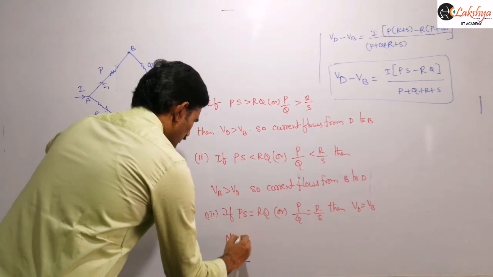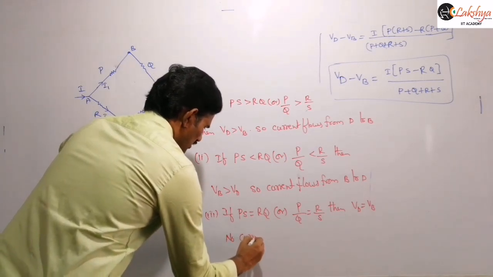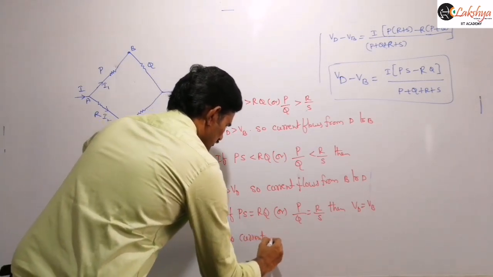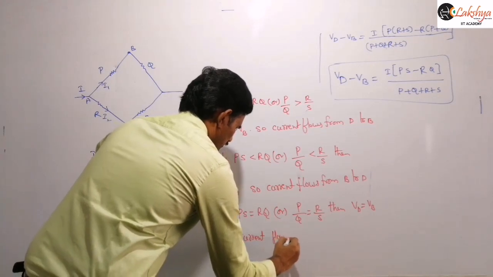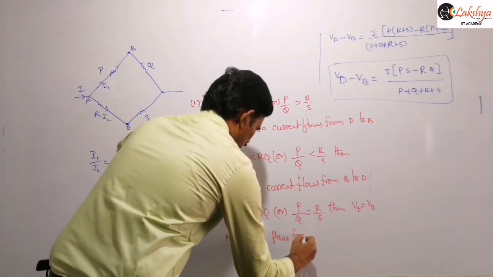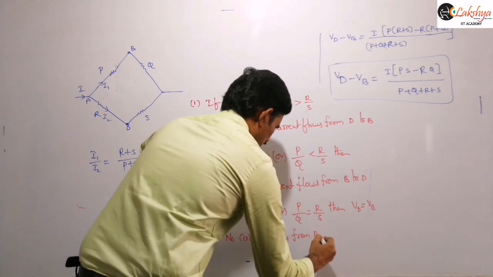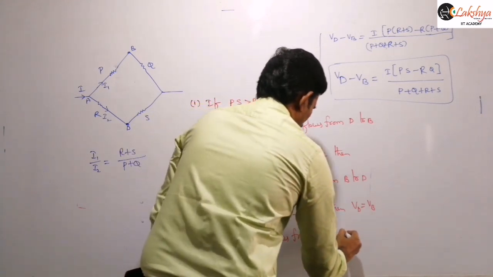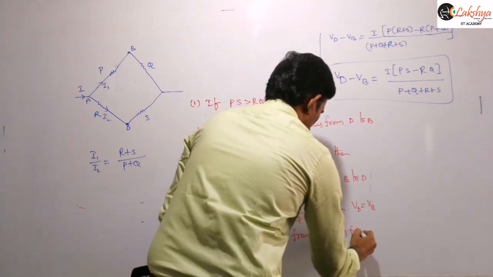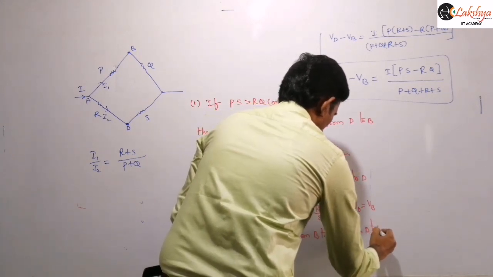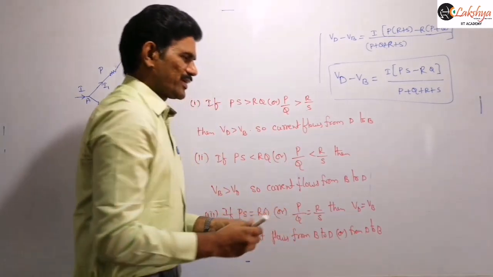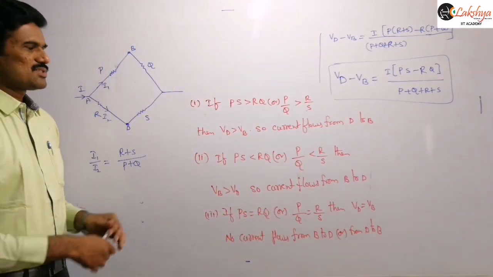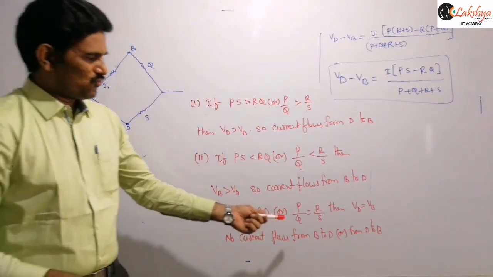Therefore, no current flows from B to D. So there is no current between B and D here. So those are the conditions. Actually, this is nothing but the proof for this.